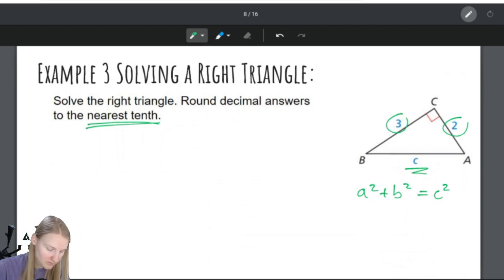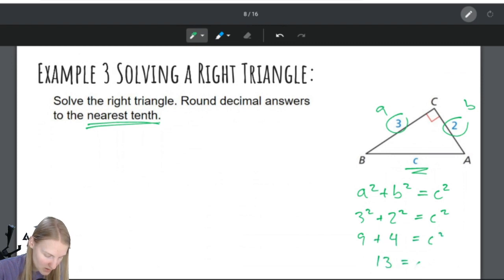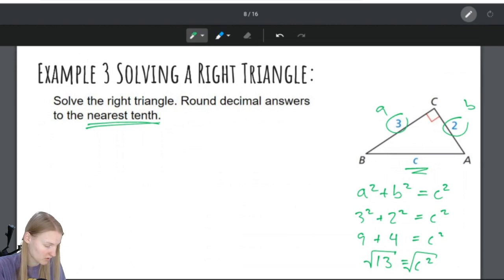Okay. Doesn't matter which one is A and which one is B. Legs do not matter. But I'm going to take 3 squared plus 2 squared equals c squared, so 9 plus 4 equals c squared, so 13 equals c squared, which means that c is equal to the square root of 13, which does not have a nice form.